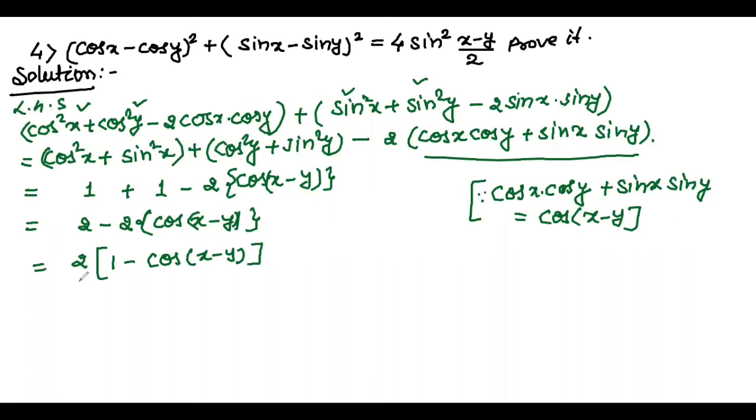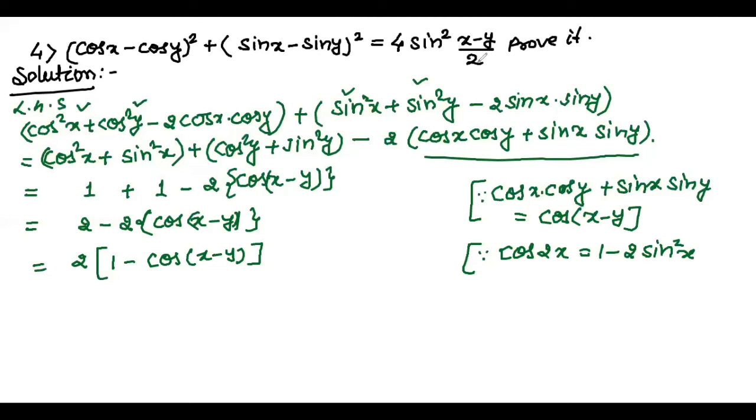Here we can apply one more trigonometric formula, that is cos 2x equals 1 minus 2 sin square x. In place of cos (x minus y) I am applying it, because on the right hand side I have to find the value in terms of sine.